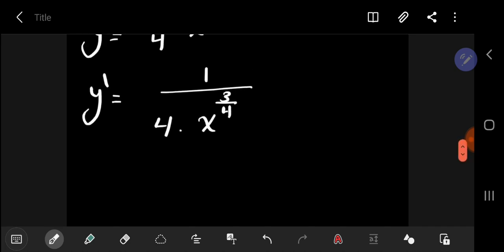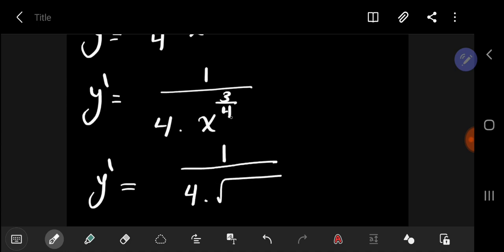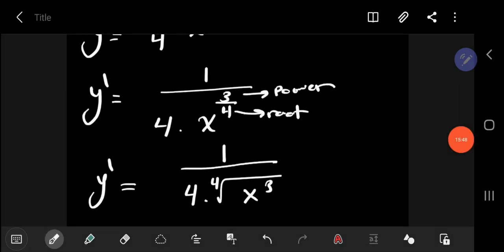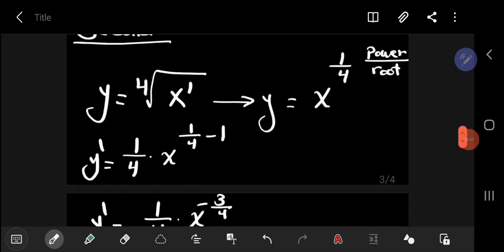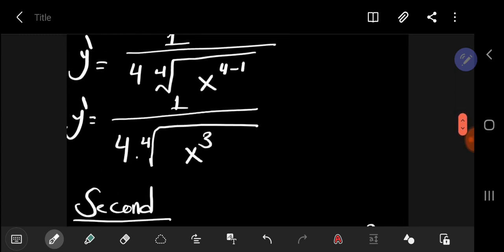So if I want to take the basic shape of x to the power 3 over 4, I say y prime equals 1 over 4 multiplied by the fourth root, x to the power 3. If I want to see if my solution is right, I go back to the same rule.